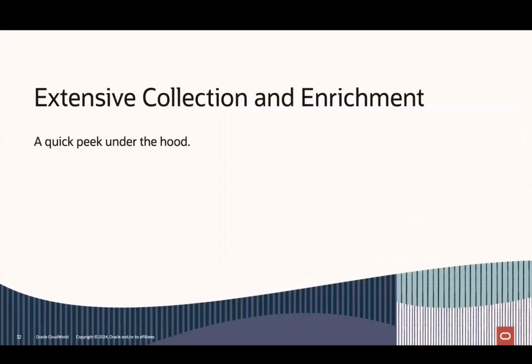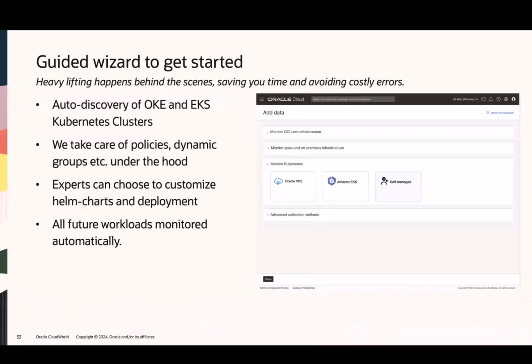Now, what happens when we are collecting and enriching these logs? There is a guided wizard to get you started. All the heavy lifting is behind the scenes. Now, if some of you may have used the Kubernetes monitoring solution, which was in the marketplace and GitHub before, now all of that is encapsulated within the add data flow of logging analytics.